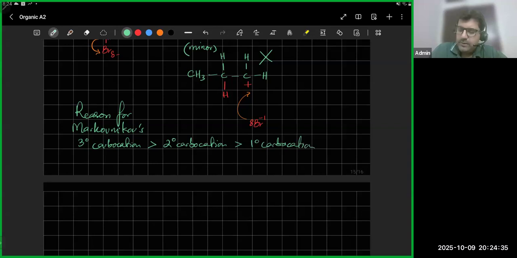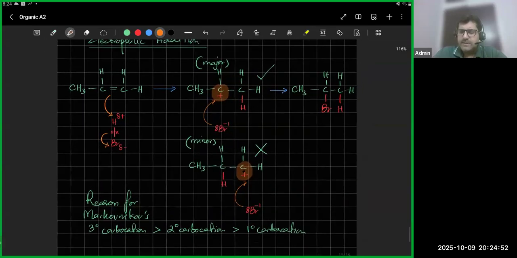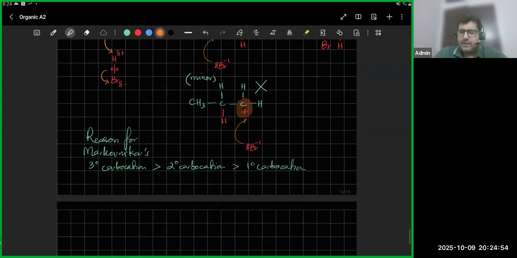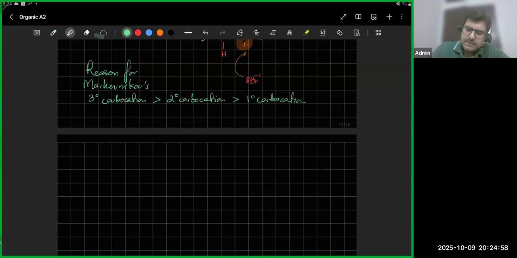So if you forgot, you've got 2 carbocations: this one over here, the first one, has 2 alkyl chains. The one over here at the end has 1 alkyl chain. So the one that has more alkyl chains is more stable compared to the one that's got fewer alkyl chains.